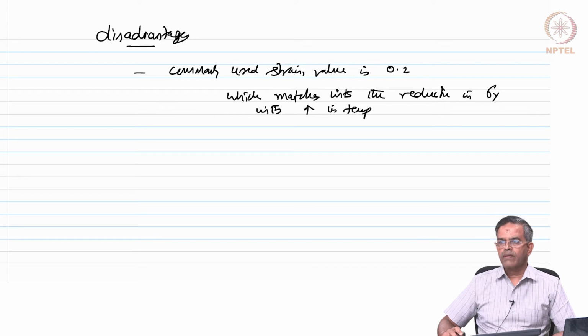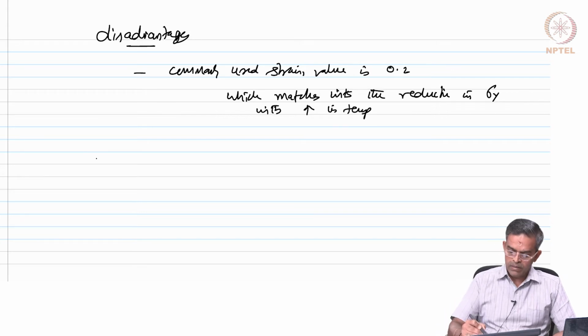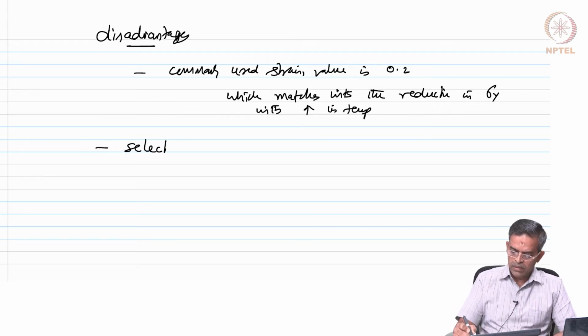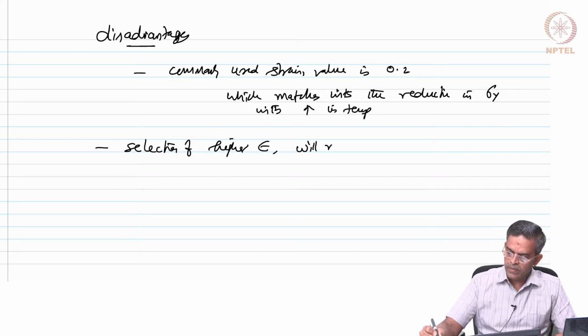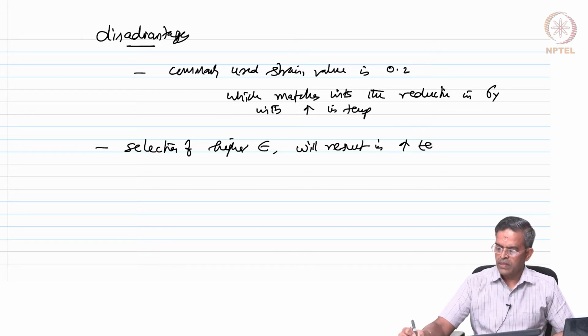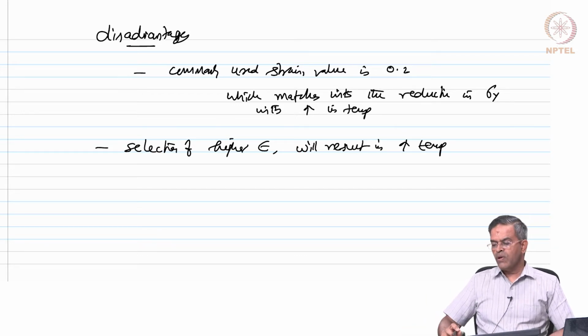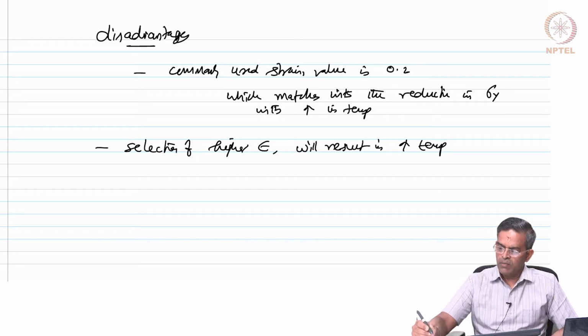Okay. But selection of higher strain will result in higher temperature. See, you are looking for an average temperature for which the strain value may not be 0.2.